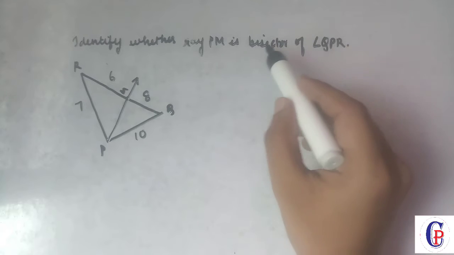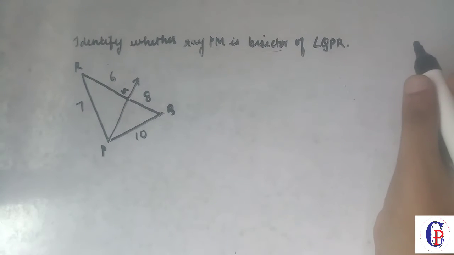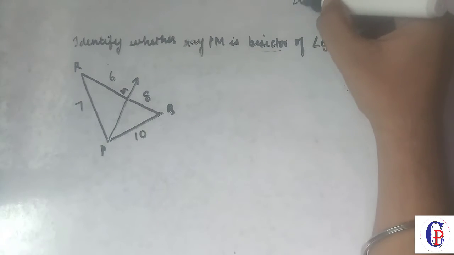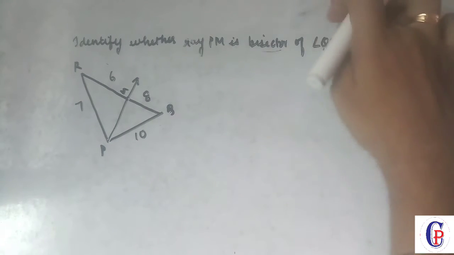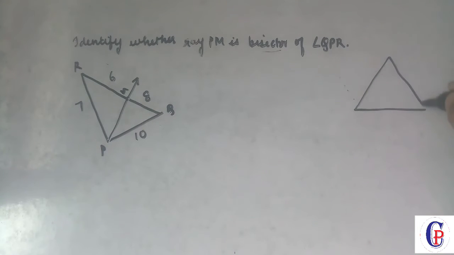Now as soon as you see bisector of angle, of course the property of angle bisector theorem comes in. What is the property of angle bisector? It says if we have a triangle and if an angle is bisected, then this side upon this side is equal to this upon this, right?